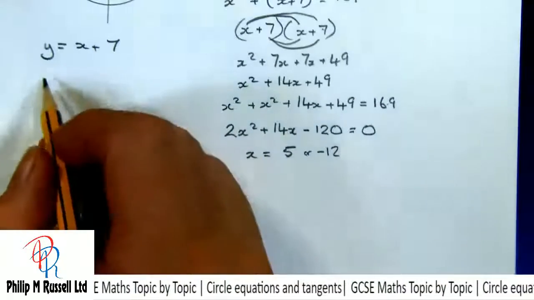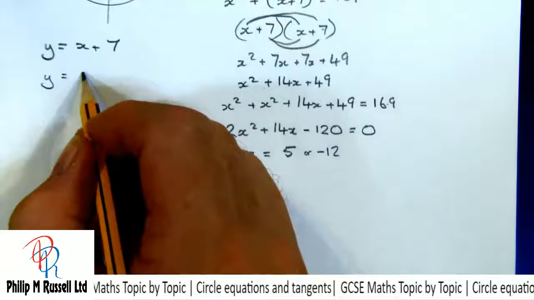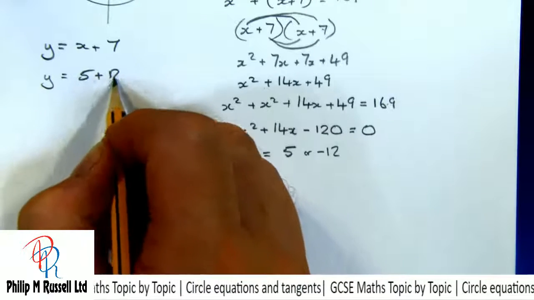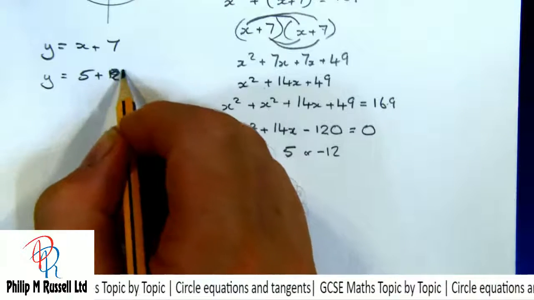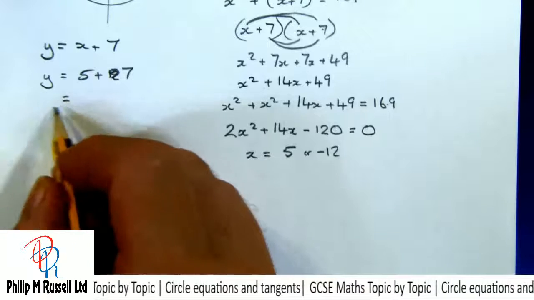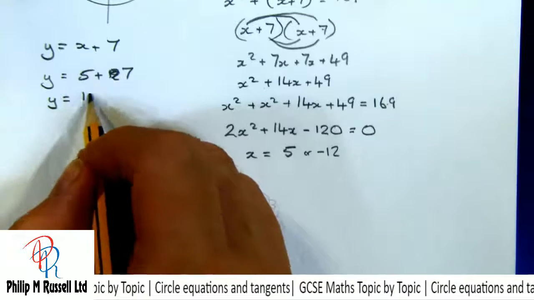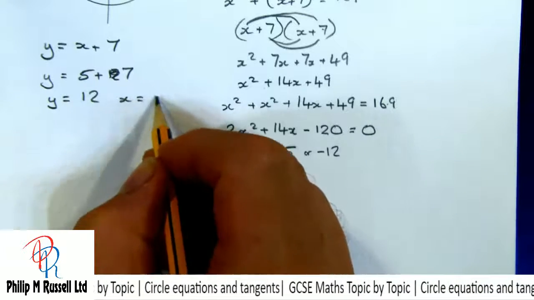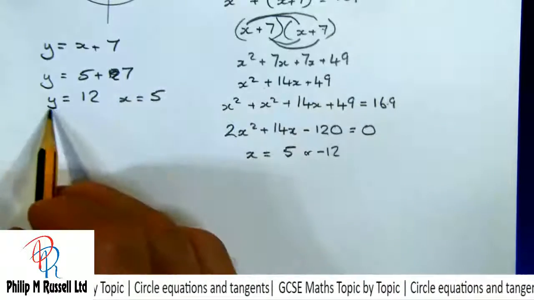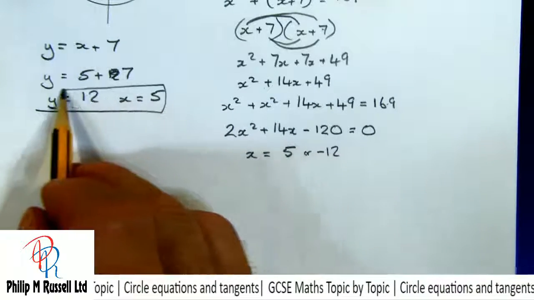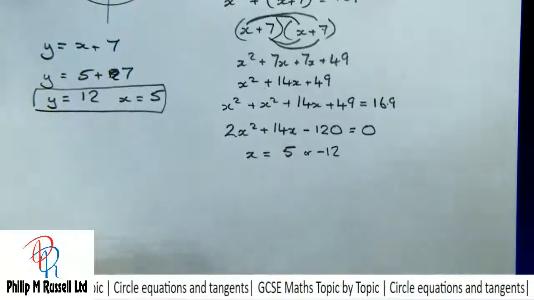So y equals 5 plus 7, so therefore y equals 12 when x equals 5. So that is one set of the solution.